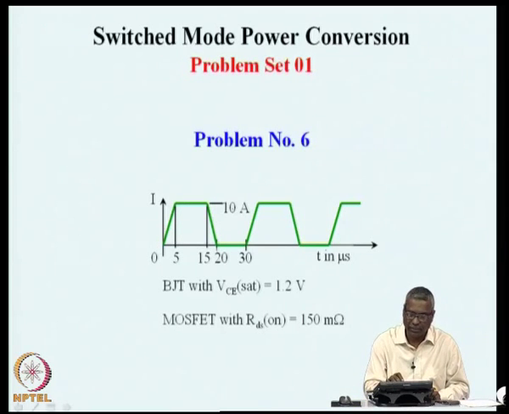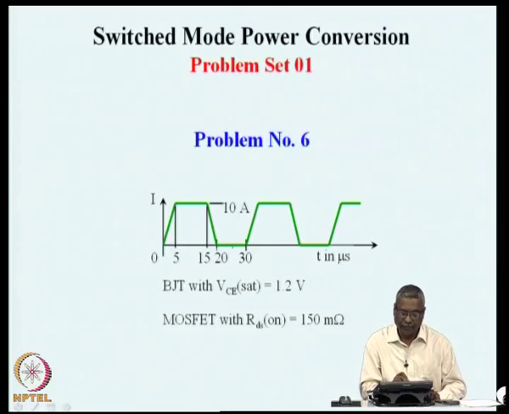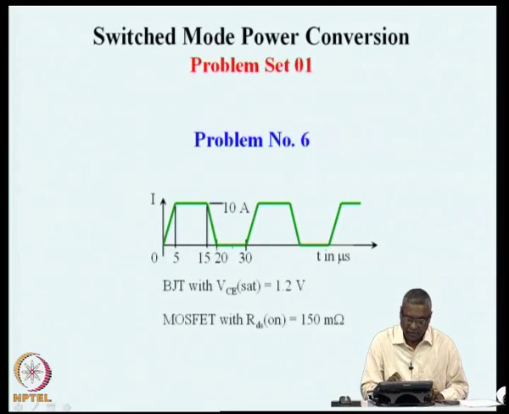Current is shown as 10 amperes as the flat peak, with a rising time of 5 microsecond and a falling time of 5 microsecond. The question is, for this particular application, what will be the loss if the device used is a BJT with a constant voltage or a MOSFET with an RDS on of 150 milliohm.